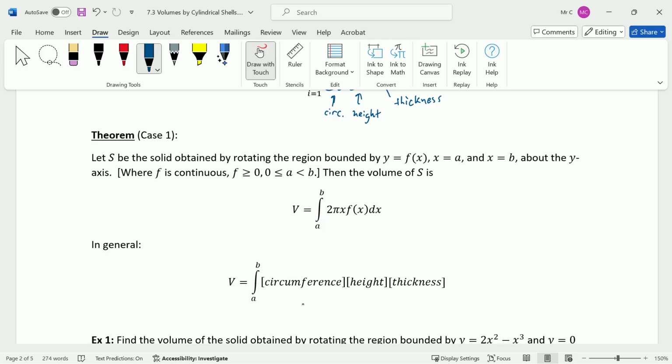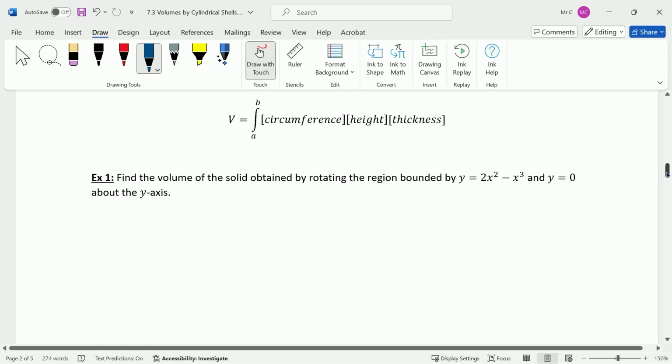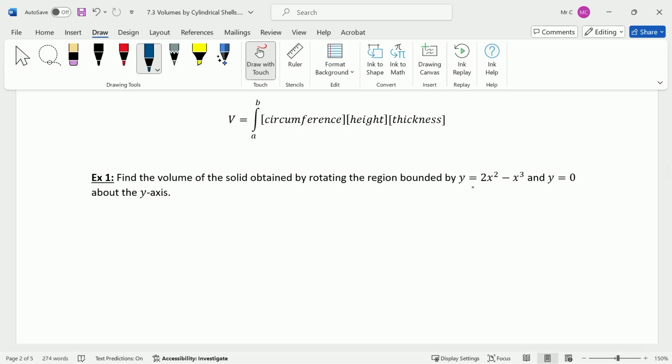In general, we think of this as the integral from a to b of the circumference times height times thickness. Okay, so we'll try to put that into application on that problem we discussed earlier. Find the volume of the solid obtained by rotating the region bounded by y equals 2x squared minus x cubed and y equals 0 about the y-axis.